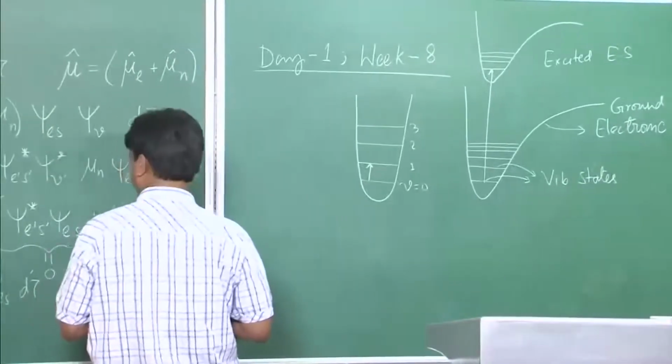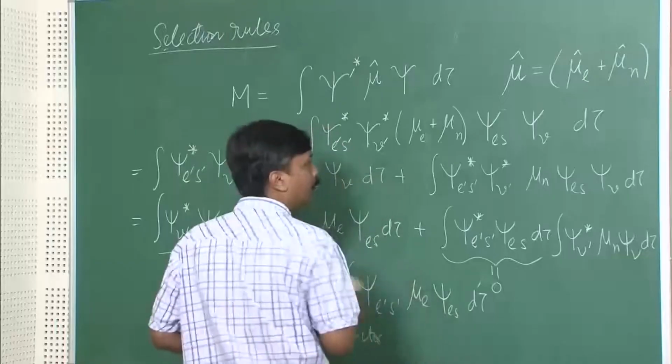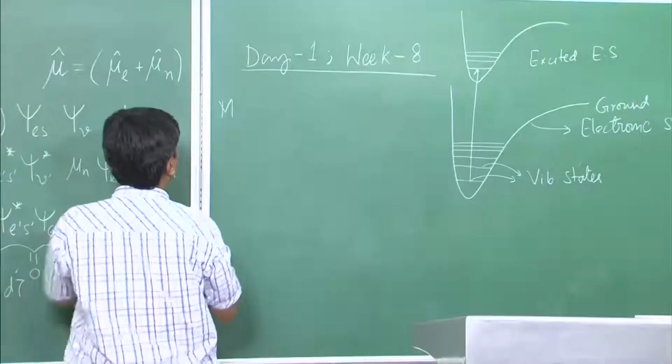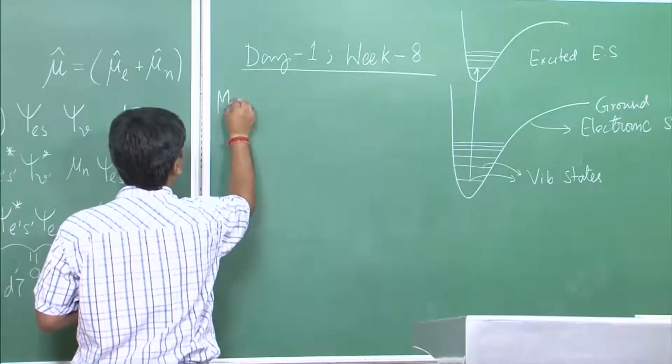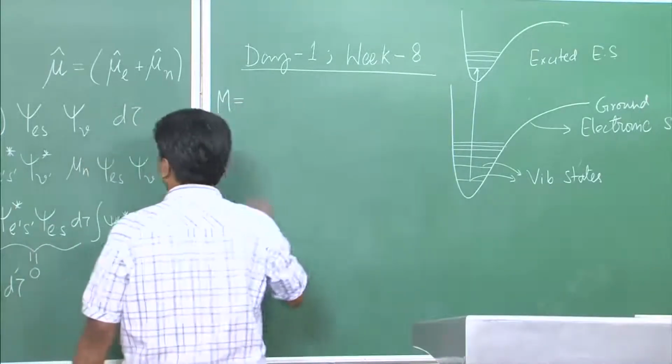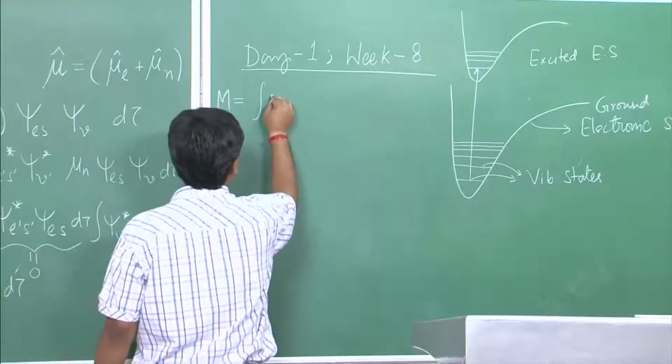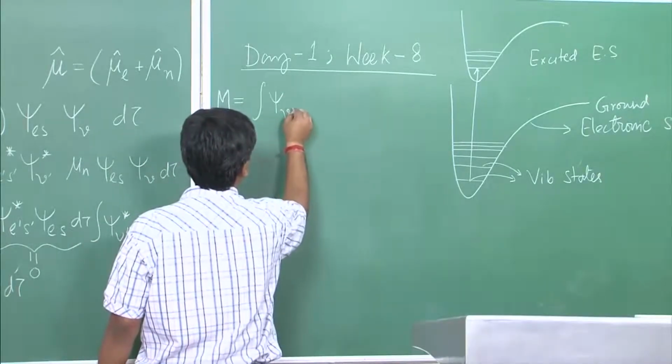So maybe I will write here. At last, when I consider electronic motion and the spin part separately, then I have psi v prime.